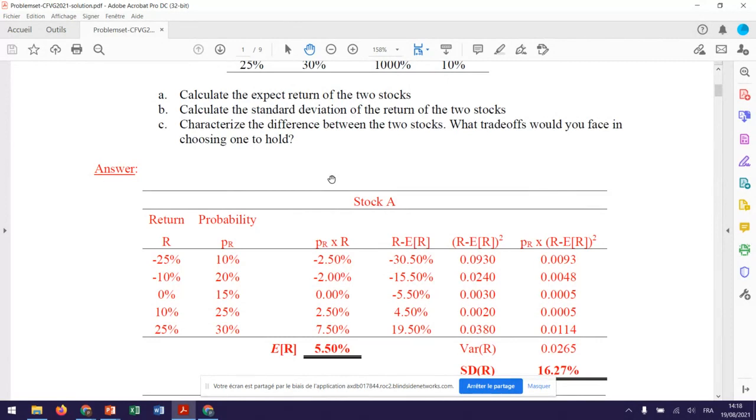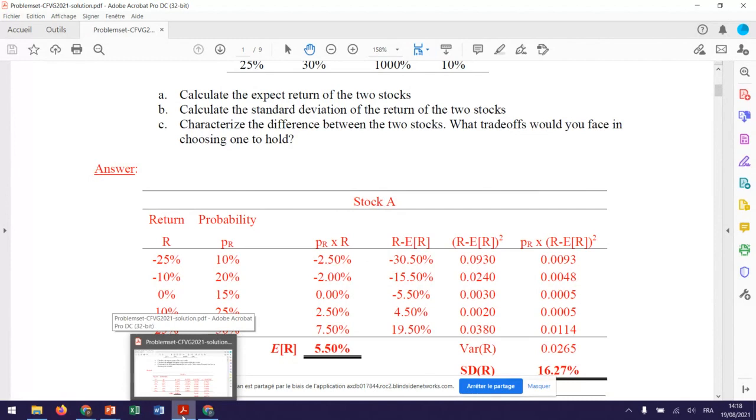So the very important one is question number C. How we interpret, how we read after this calculation, how you categorize the difference between the two stocks. What trade-off would you face in choosing one to hold? Do you have any preference? Do you prefer stock A or stock B?